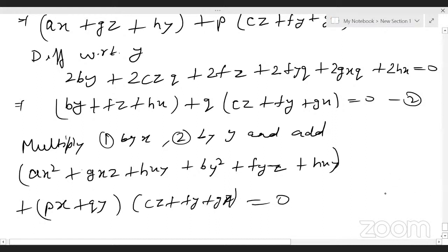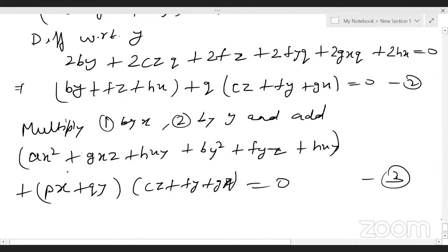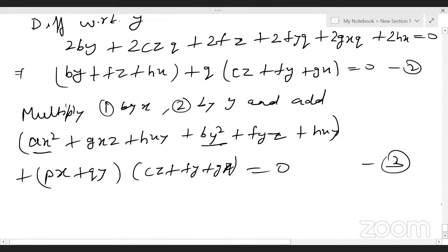This is the third equation that you will get. Now see this beautifully. Ax square plus bx, let me simplify it for you.